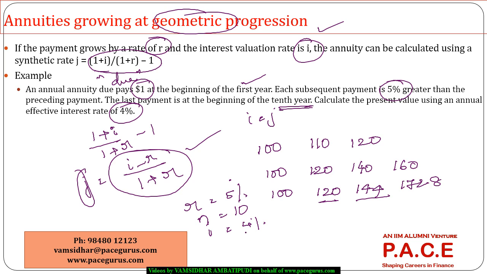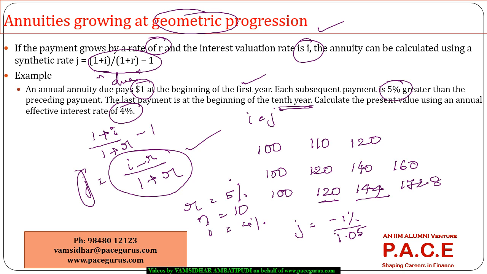Now based on this I can find my J, which is nothing but I minus R, divided by 1 plus R. I is 4%, R is 5%, so minus 1% divided by 1.05.